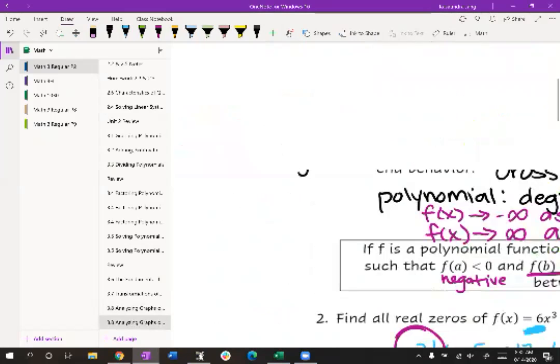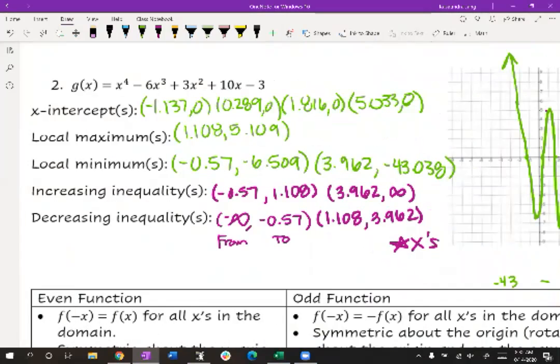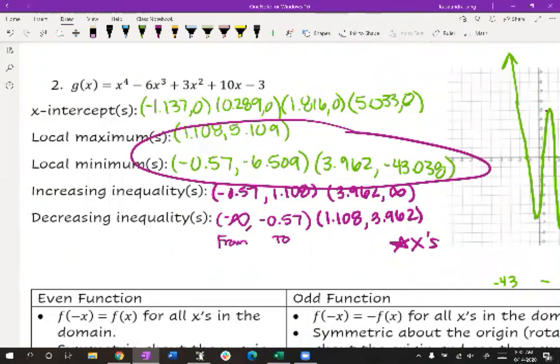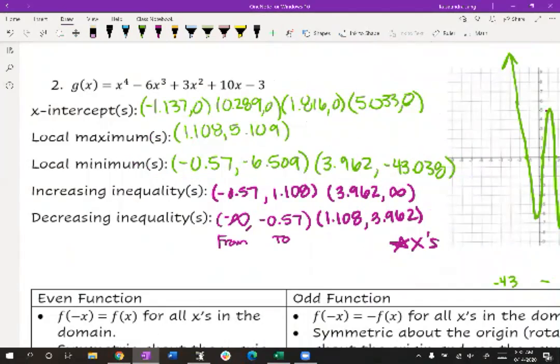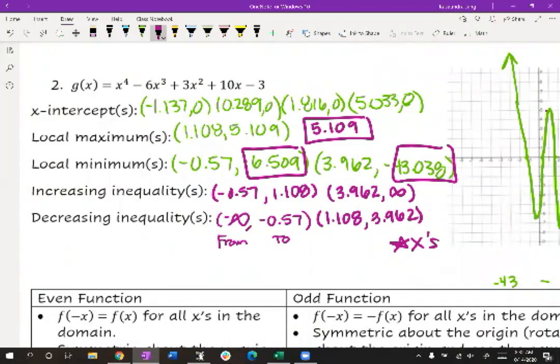So I found those xy points, but online they're going to want the straight up y value. So this would be a 5.109. They want the straight up y value. I would just do y value, y value. You know what I'm saying?